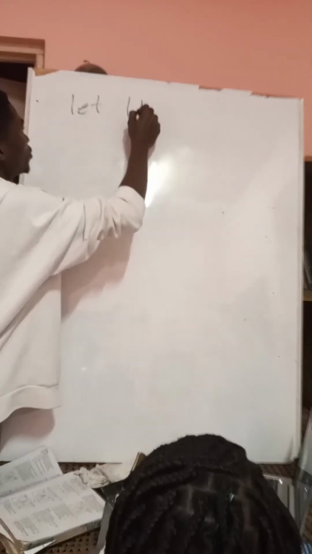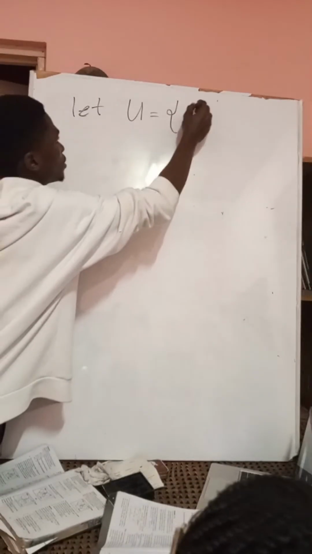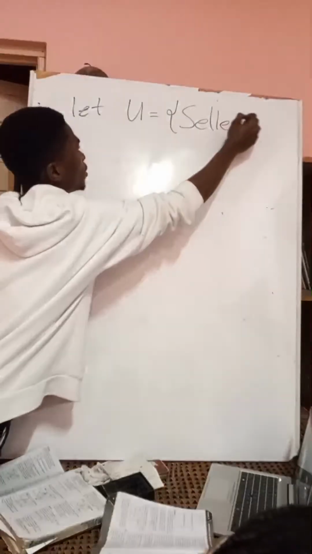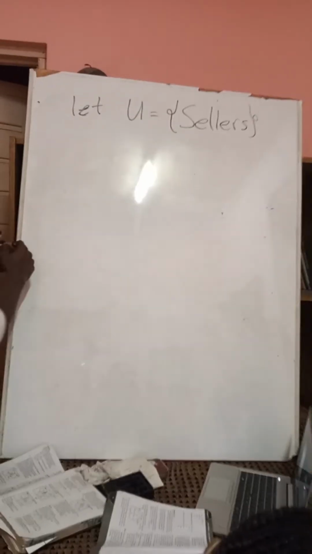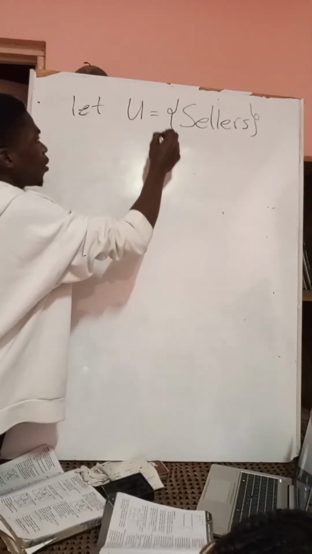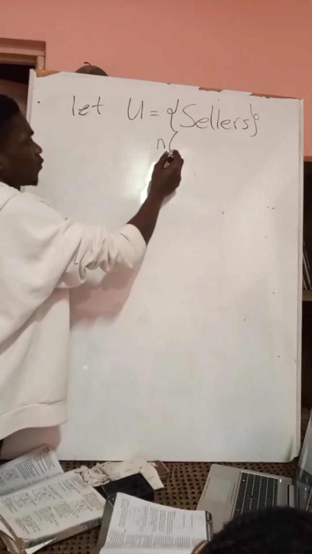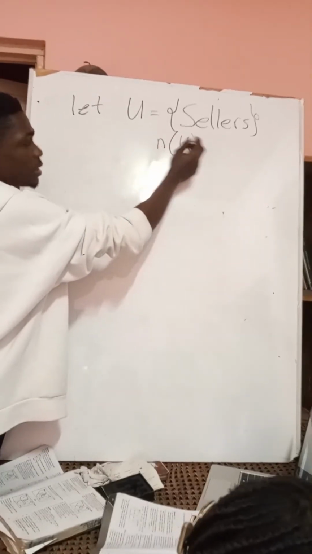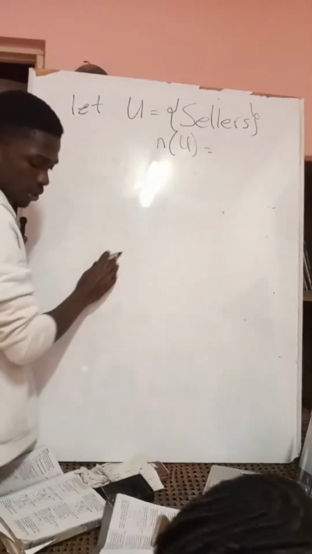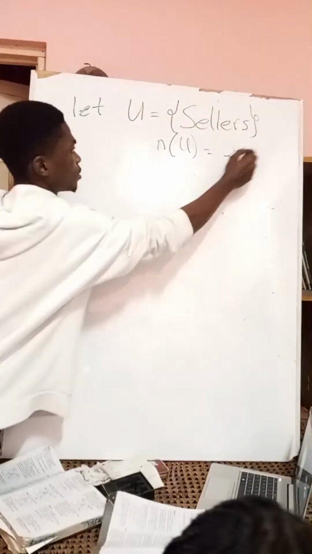So let U be sellers, right? Then after that, you write number of U. When you say number of U, it means number of what? Sellers. So the number of sellers will be 20. So you have to write all this description.